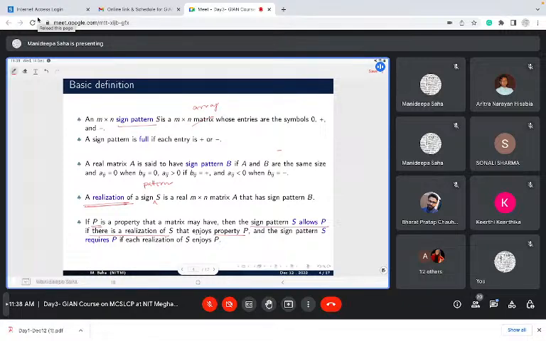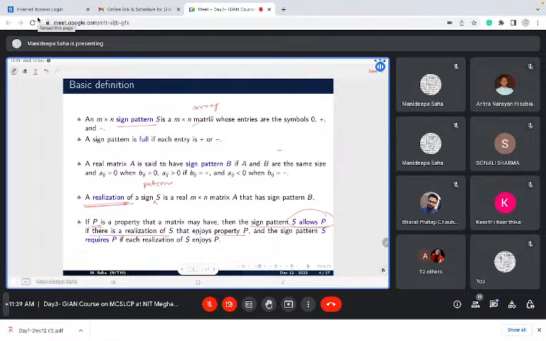Suppose P is the non-negative property. Then S allows non-negativity if there is a matrix which has the sign pattern S and is also non-negative. That is an example of S allowing the property P. So there exists such a matrix.